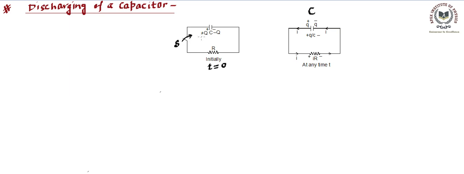There are two important points that we need to mention. First, the capacitor was initially charged and the initial charge was Q, and this small q indicates the instantaneous charge on the capacitor at time t.